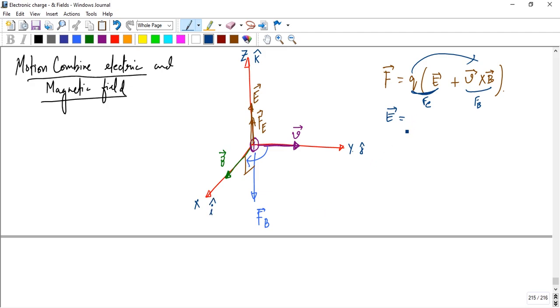So E is a vector, with magnitude E and direction K cap.